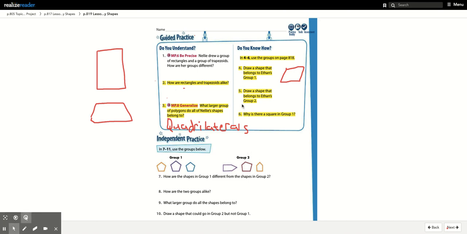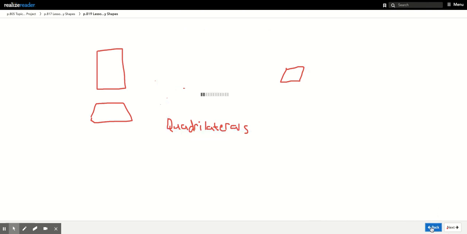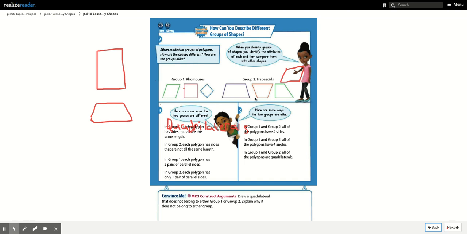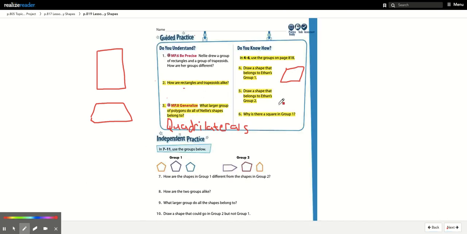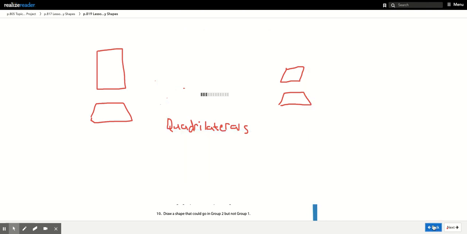Number 5, draw a shape that belongs to Ethan's group too. Think about what these are. If you're thinking a trapezoid, you're right. And let's look at number 6. Why is there a square in group 1?